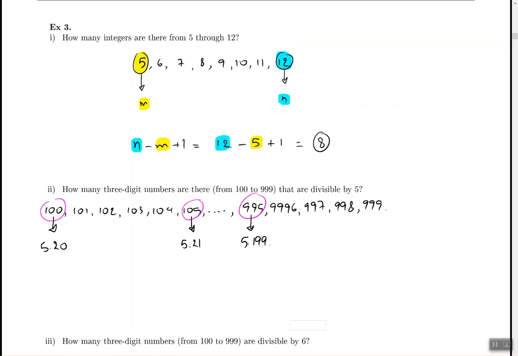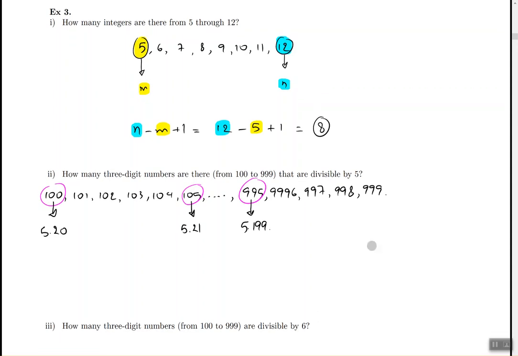So what I've done so far is start with a list containing the numbers from 100 to 999 inclusive, and turn it into a second list that goes 5 times 20, 5 times 21, 5 times 22, which is 110, and so on, all the way to 5 times 199, which is 995. In other terms, my new list is pretty much 20, 21, 22, all the way to 199.